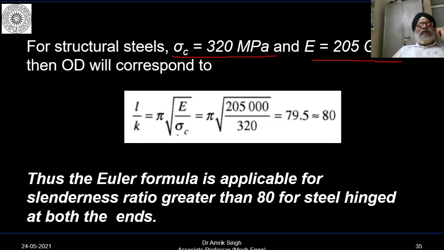We can make use of this equation, and this will give the limiting value, that is 80. So the Euler formula is applicable for a slenderness ratio greater than 80, that is for steel hinged at both ends. For less than 80 this is not possible.